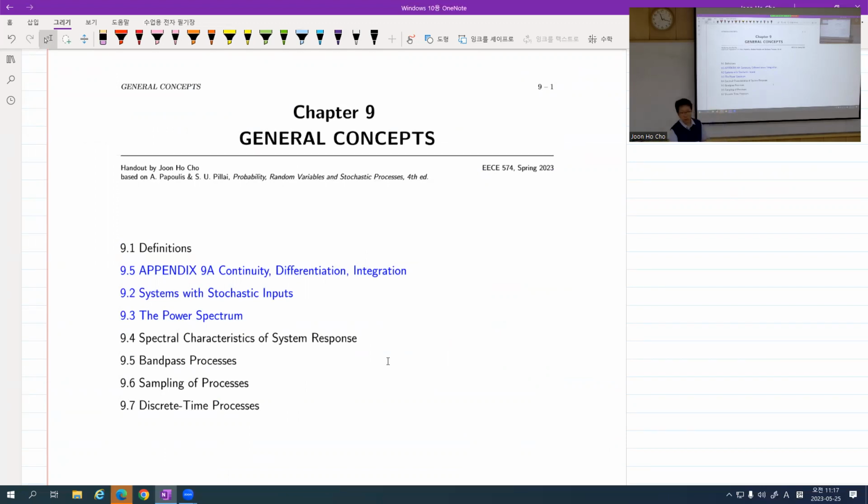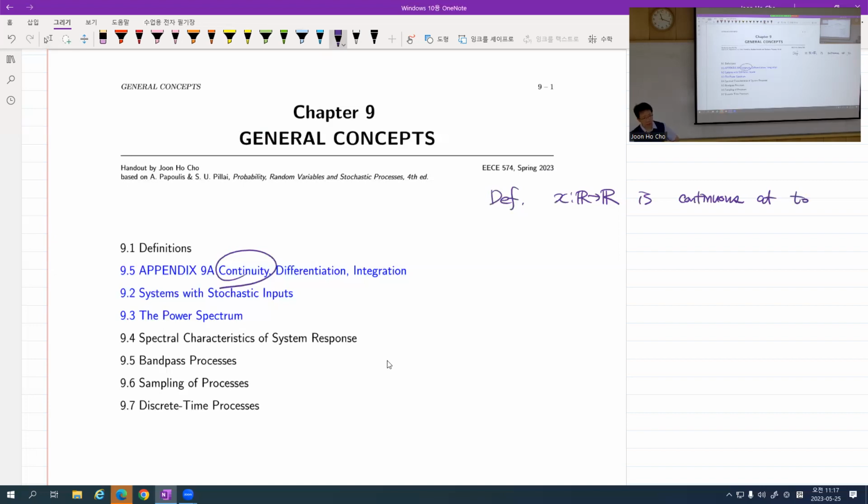Integration, differentiation. Before talking about that, we learned the notion of continuity over function. Do you remember? In high school, here goes the definition. Suppose x is just the real valued function defined on the entire real line for simplicity. The function x is continuous at t0.